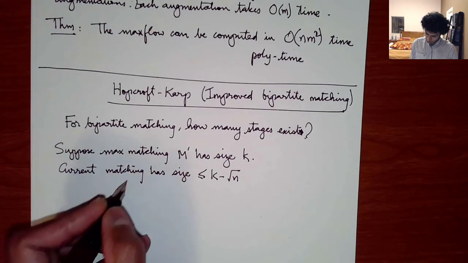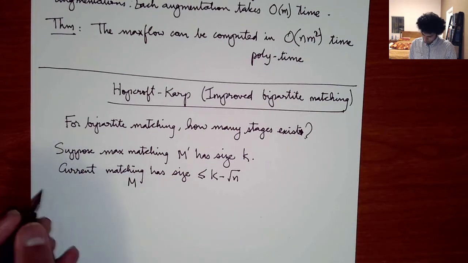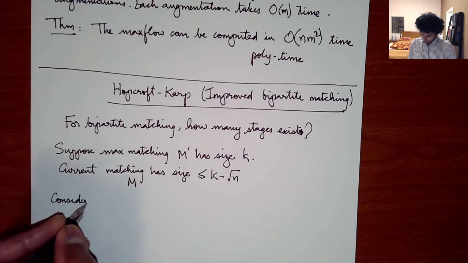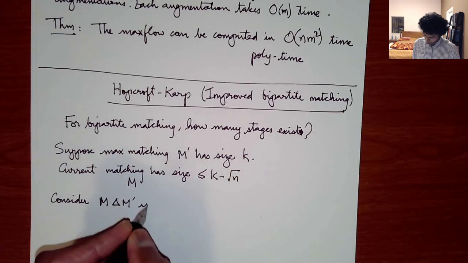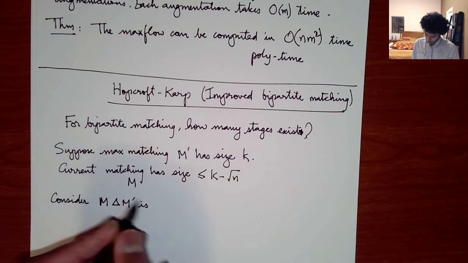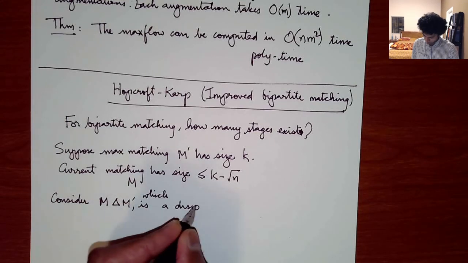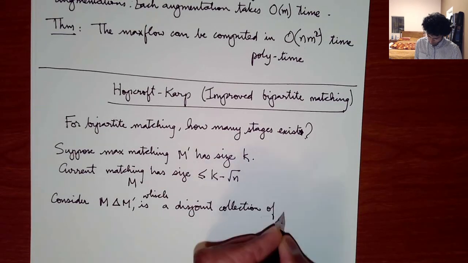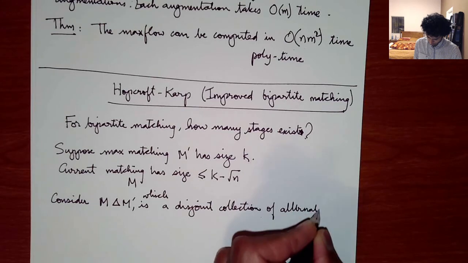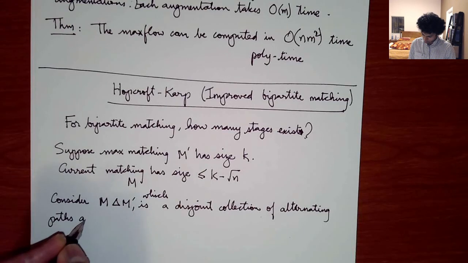Okay, the current matching M has size at most k minus root n. So remember we talked about the symmetric difference M ⊕ M', which is a disjoint collection of alternating paths and cycles.